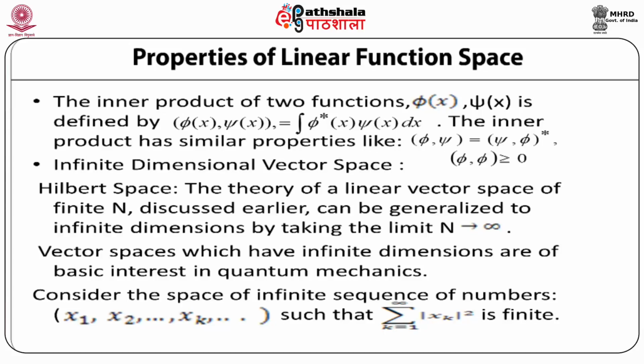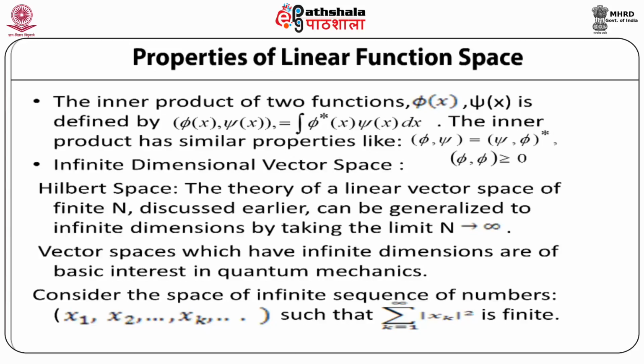The inner product has similar properties: the inner product of phi and psi is equal to the inner product of psi and phi, star, which means that it is equal to the complex conjugate of the reverse of the original scalar product.